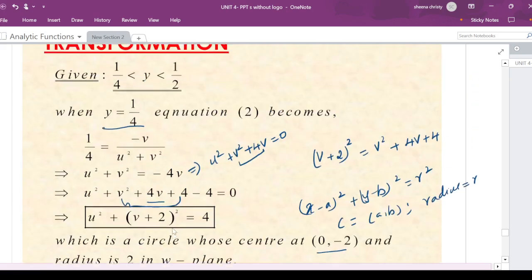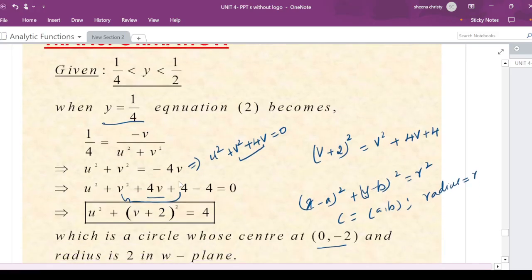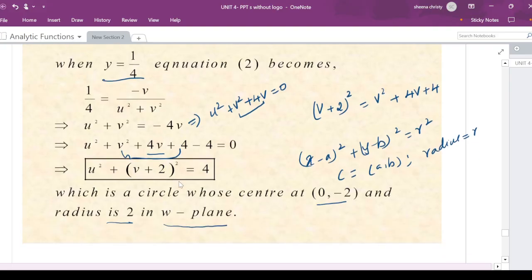That means here y is greater than 1 by 4 and y is less than 1 by 2. That means what? If I am taking y greater than 1 by 4, then this will become like this. 1 by 4 is less than this part.